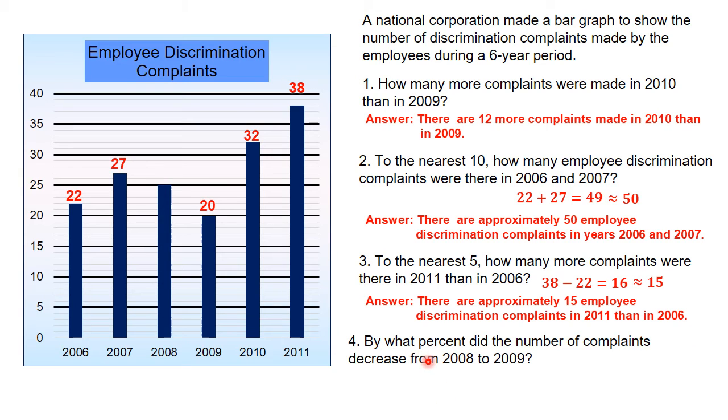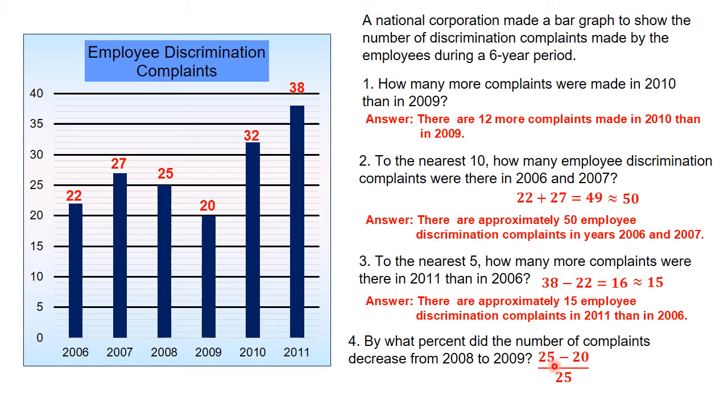Number 4. By what percent did the number of complaints decrease from 2008 to 2009? We already have here 2009. Let's put 2008 at 25. So 25 minus 20 divided by 25.